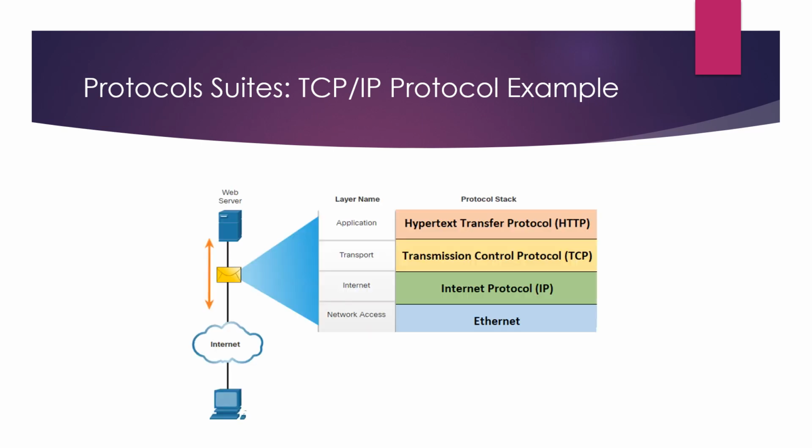As shown in this figure, we have an example of three TCP/IP protocols that are used to send packets between the web server and a host. HTTP, TCP, and IP are the TCP/IP protocols used, where HTTP is for the application layer, TCP is for the transport layer, and IP is for the internet layer.